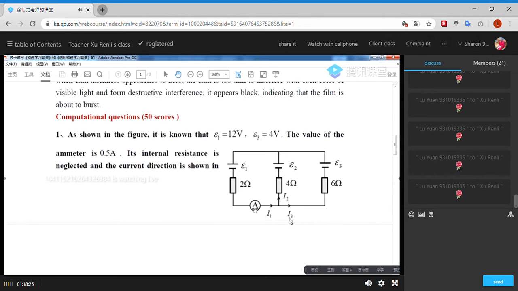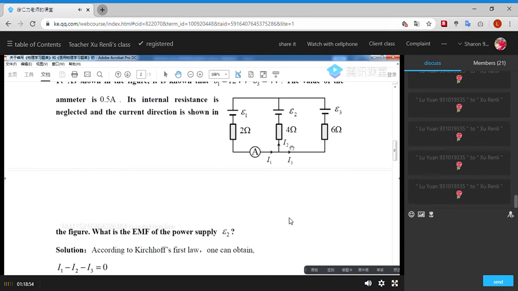The ammeter is 0.5 ampere. Its internal resistance is neglected. Usually, the ammeter has very small internal resistance, so we neglect it, and the current direction is shown in the figure.